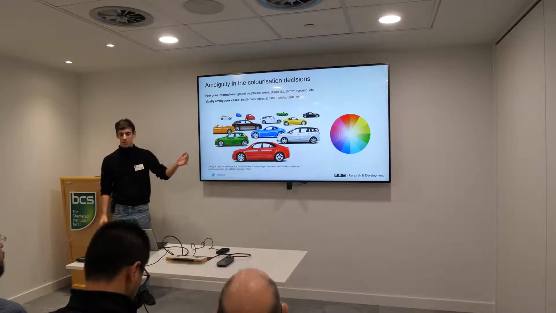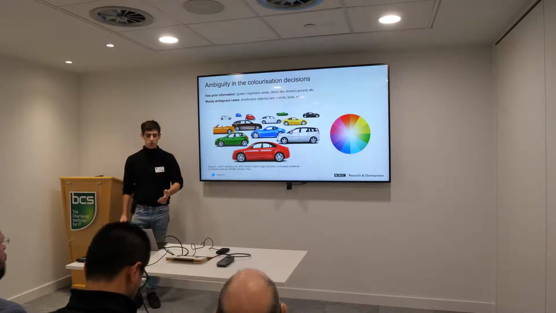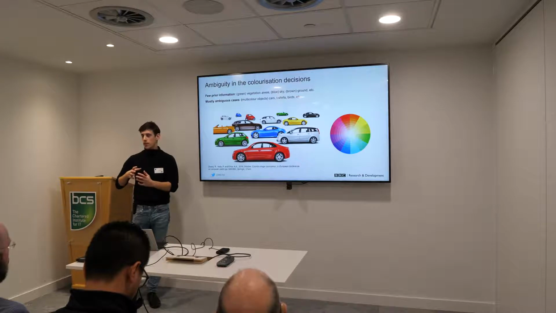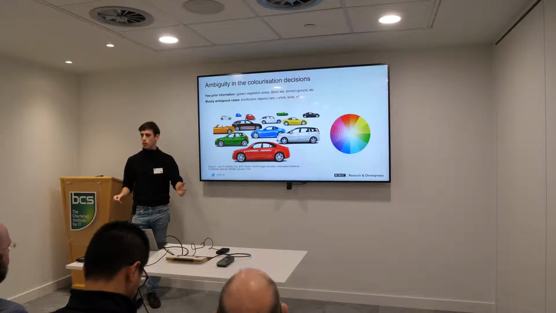But most of the other examples are super ambiguous: a car or a t-shirt can be whatever color. Most of the time the system learns to infer the instances that are most common in the database. If we have a database of red cars and a new instance of a car, it will be super likely to be colorized red, for example.